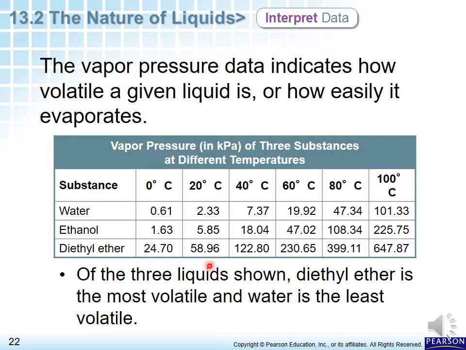Taking this as room temperature, water has very low pressure, so it is not volatile. Ethanol is better than water but not by much, but diethyl ether has very high vapor pressure, so it can turn from liquid to gas.